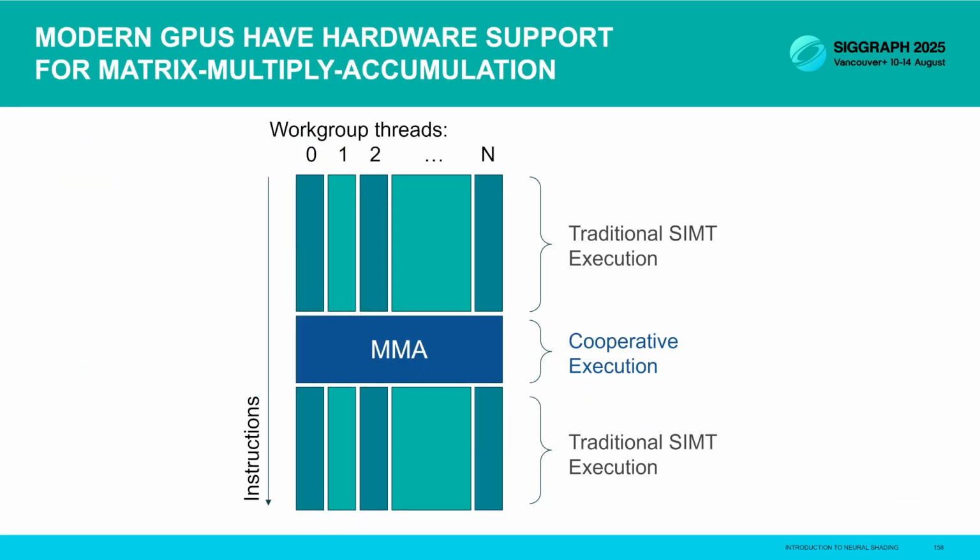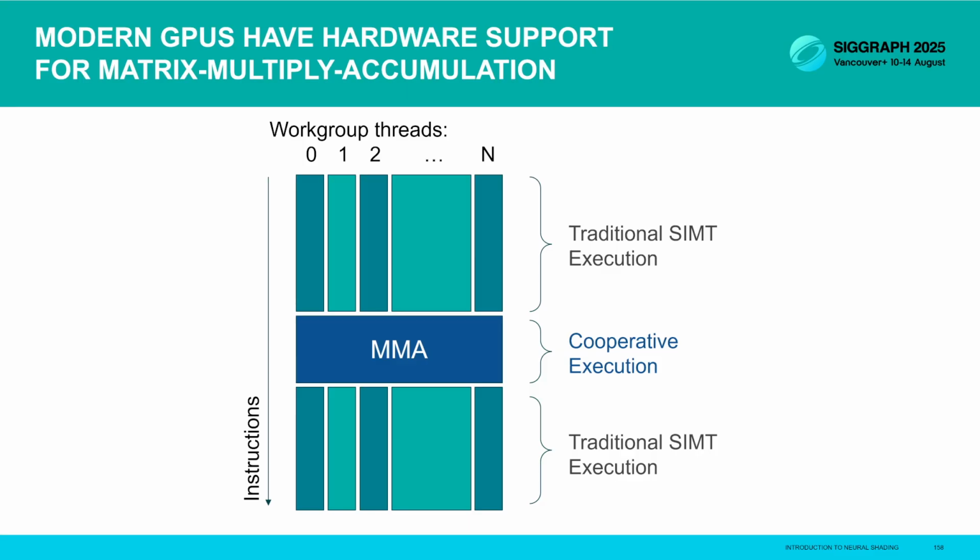This is important because modern GPUs feature dedicated hardware to speed up the small matrix multiply add operations. For example, NVIDIA GPUs have the tensor-core hardware that can compute matrix multiply add very efficiently.